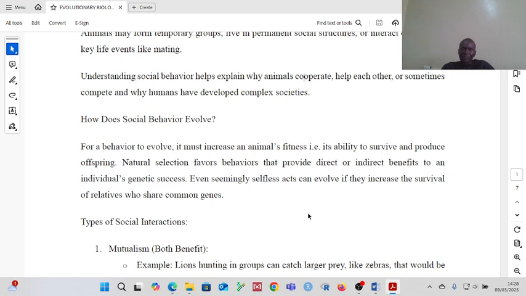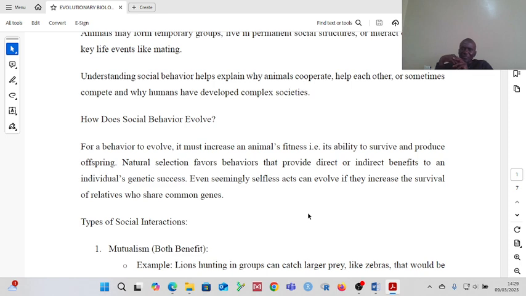Okay. So natural selection will favor behaviors that enhance the ability of a particular organism to survive longer until it attains reproductive maturity, then produce offspring as a result.